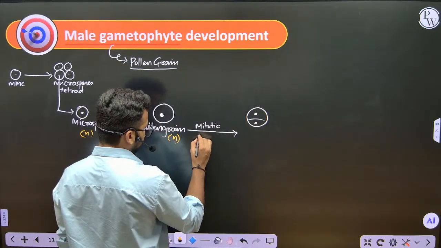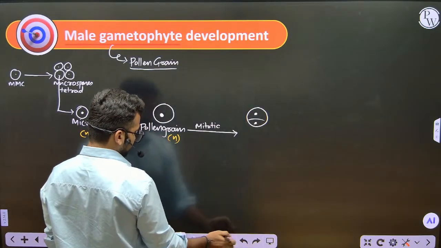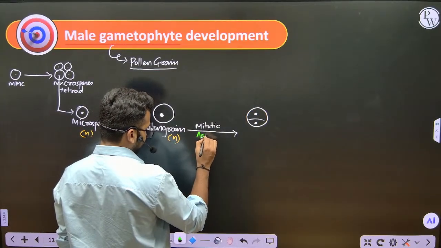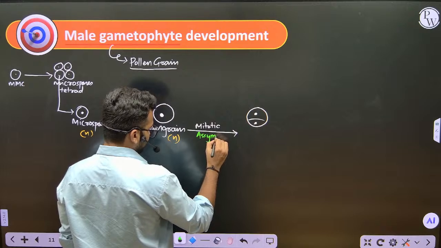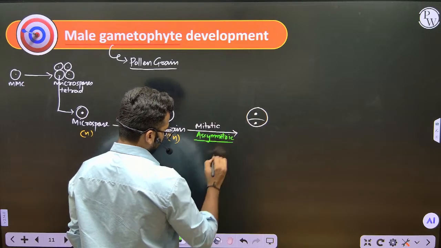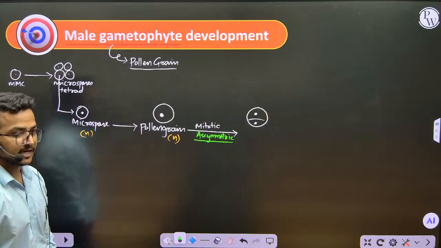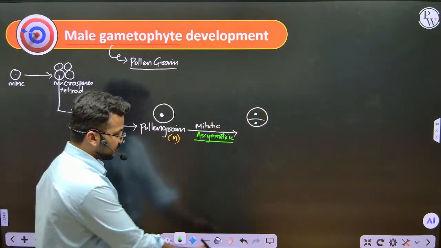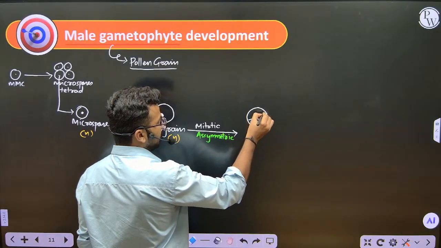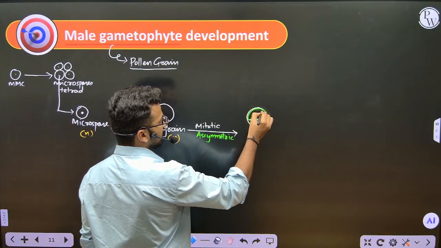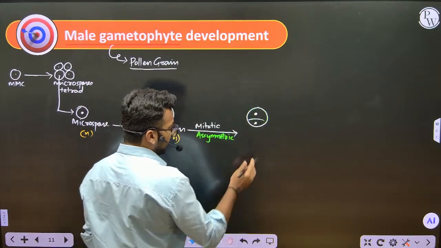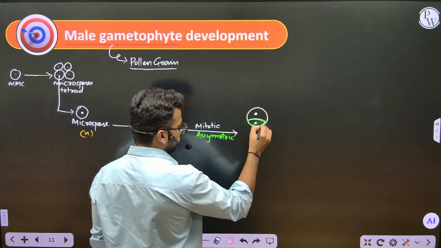You need to note here, it is very important. Asymmetric in the sense, you can see there is a bigger cell here, and there is a small cell.